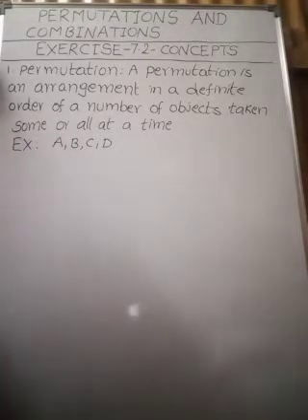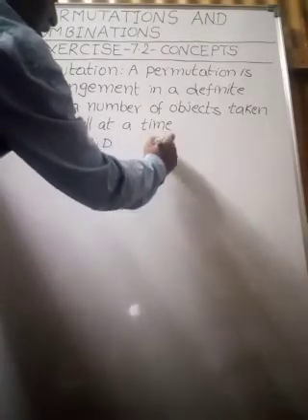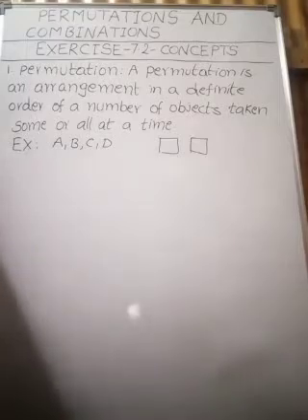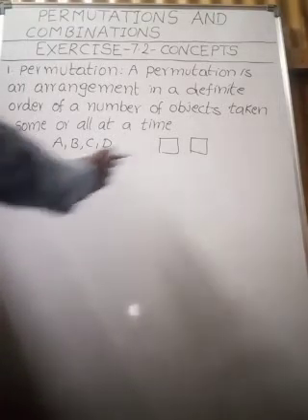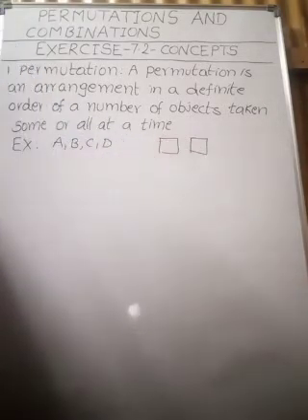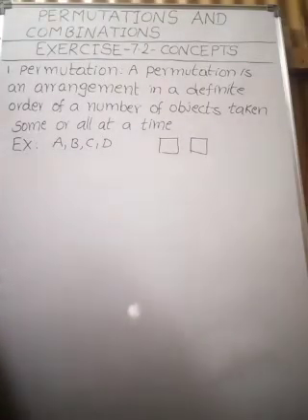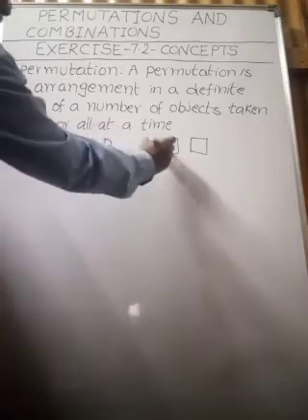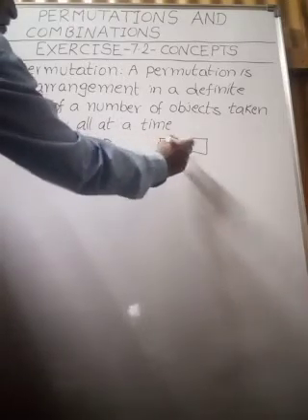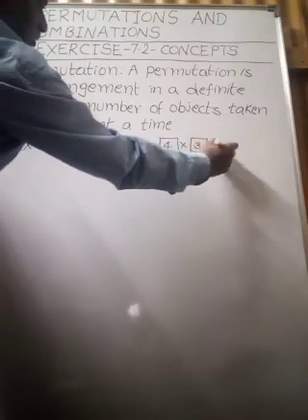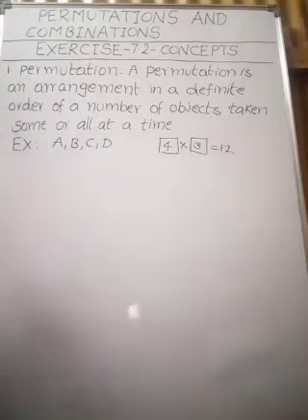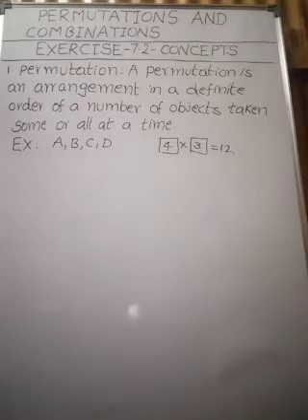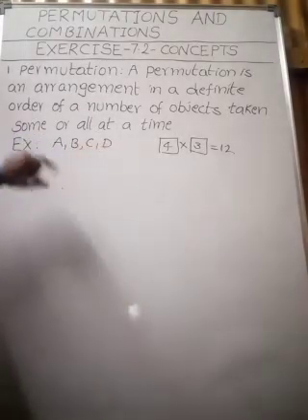In the previous exercise, we used the fundamental principle of multiplication. So two letters are required. The first blank can be filled by any one of these four letters, and the second blank by any one of the remaining three. So 12 two letter words can be formed.